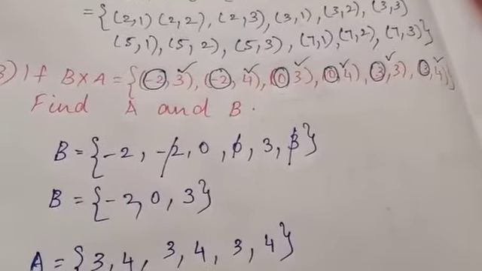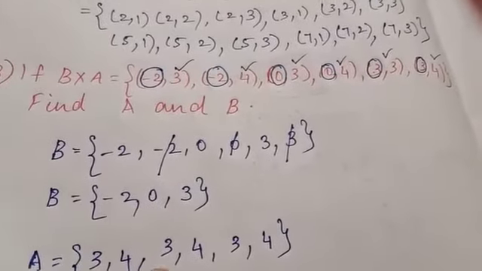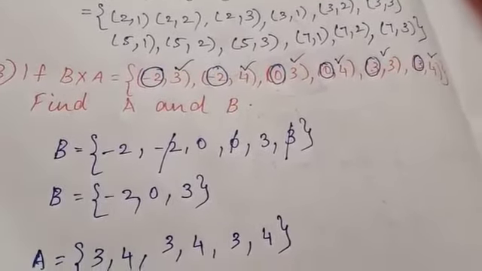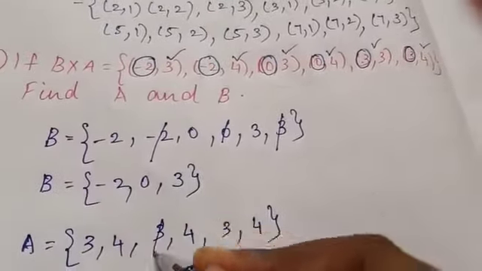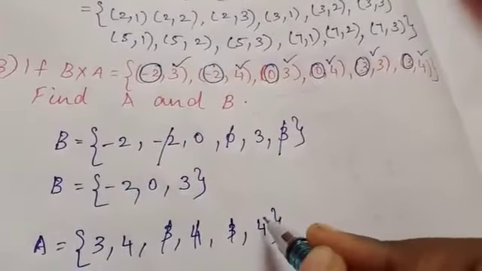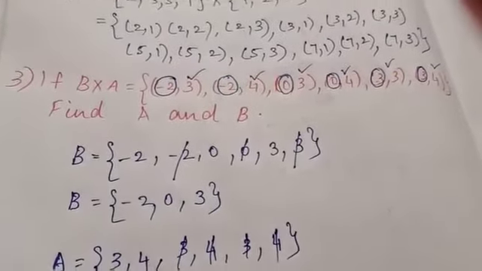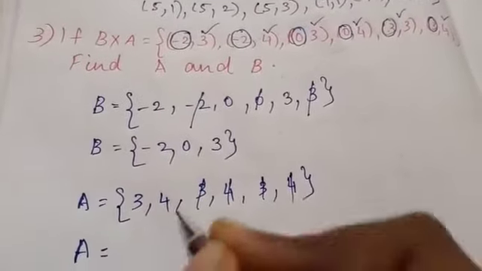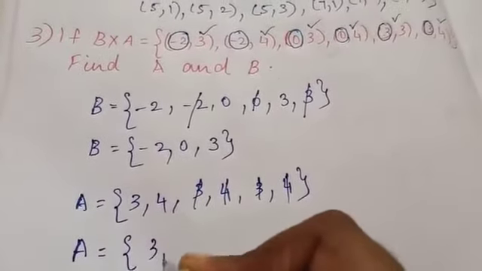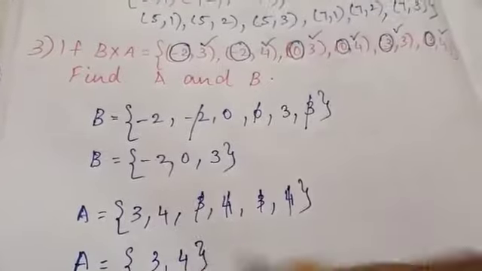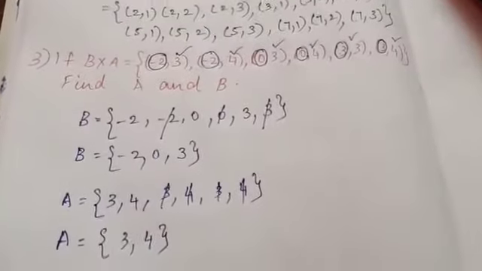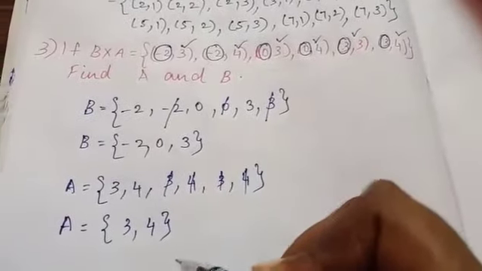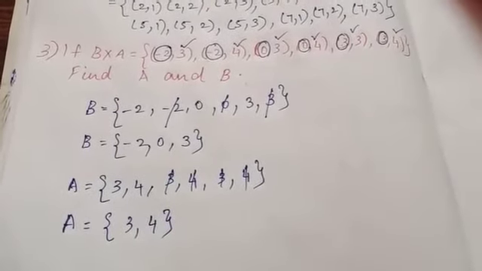Since we have three 3s and three 4s, leaving one of each, I am striking out the remaining. Now the elements of A are 3, 4. So now we have found the elements of B and A.